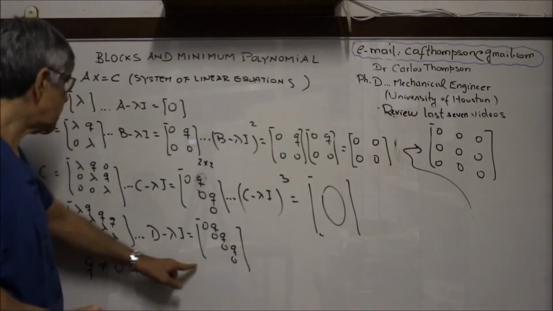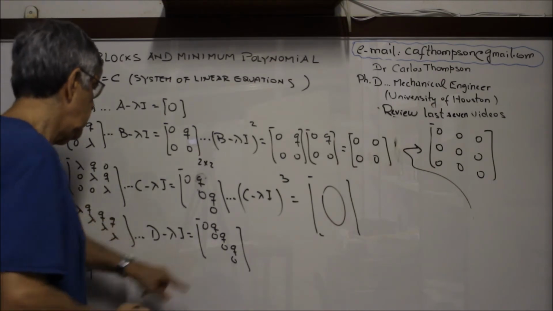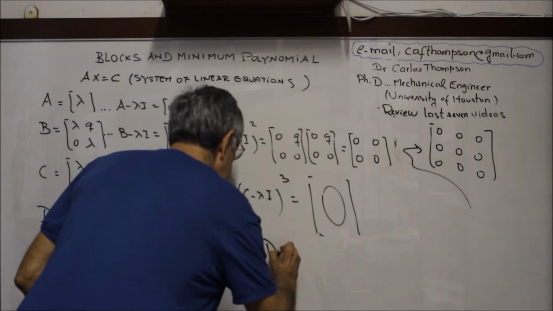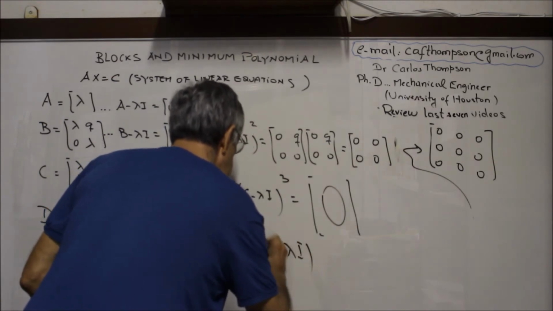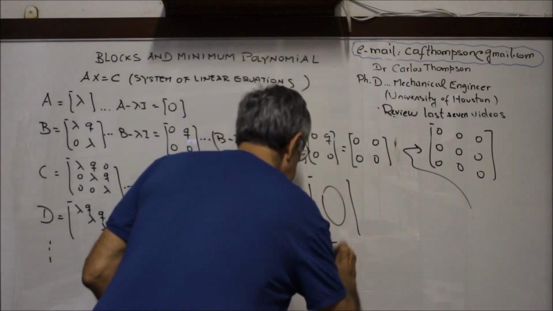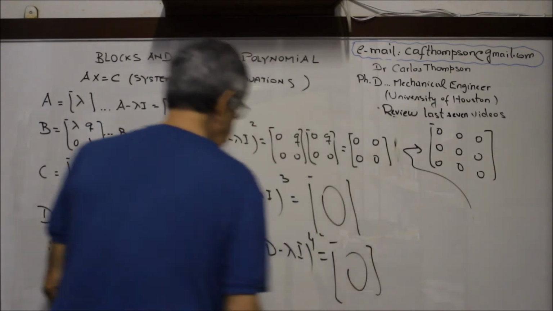This is a good exercise for you. You just take B, D minus lambda I to the power 4, and it will be 0. You can do this.